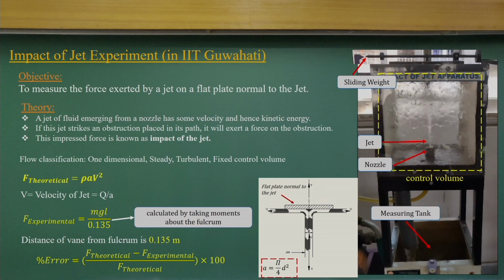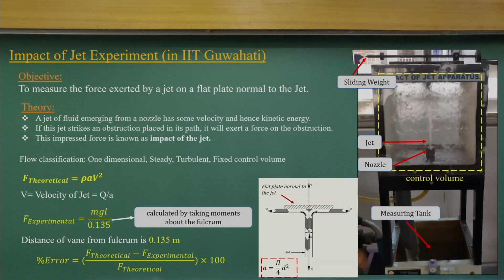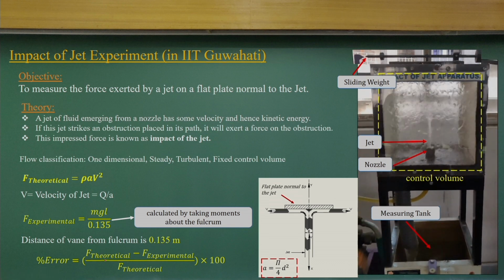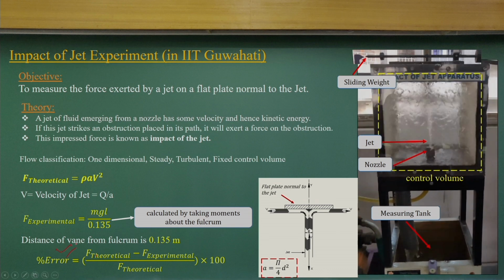Definitely there are deviations between the experiment and the theory, because any system like this jet apparatus has some degree of losses. So, we cannot have exactly the theoretical value. We compute the error as the deviation between the theoretical and experimental values divided by the theoretical value.